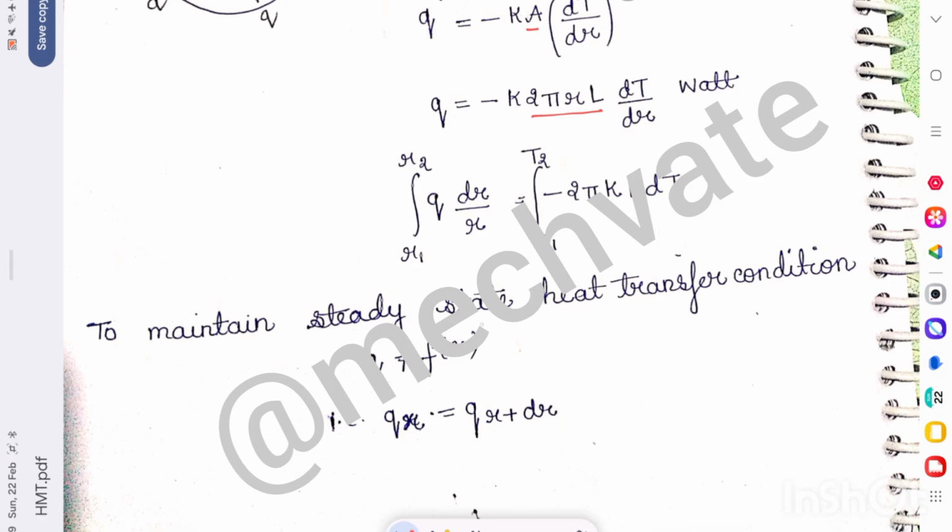To maintain steady state heat conduction, Q is not a function of r.